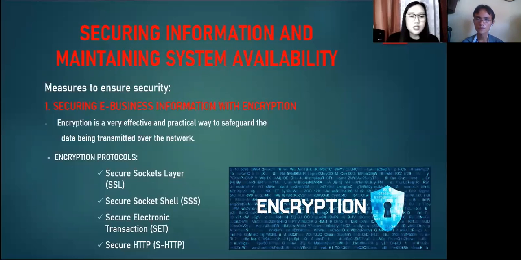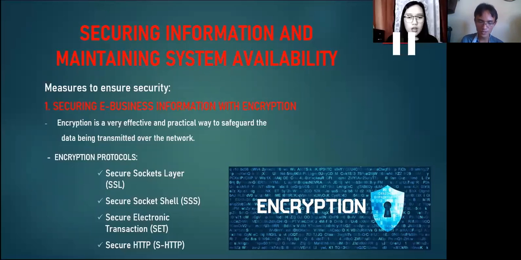Some of the popular protocols over the internet to ensure secured online transactions are Secure Sockets Layer or SSL, Secure Socket Shell or SSH, Secure Electronic Transaction or SET, Secure HTTP, and Secure Socket Layer.